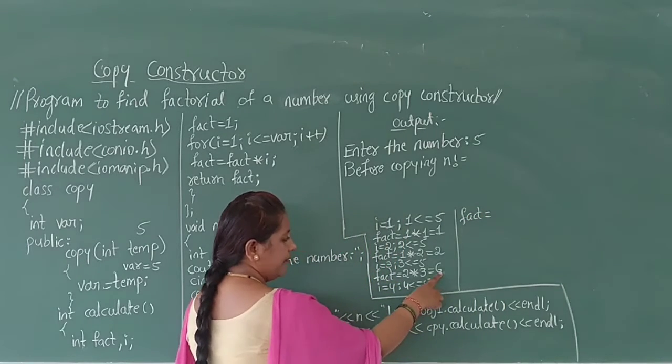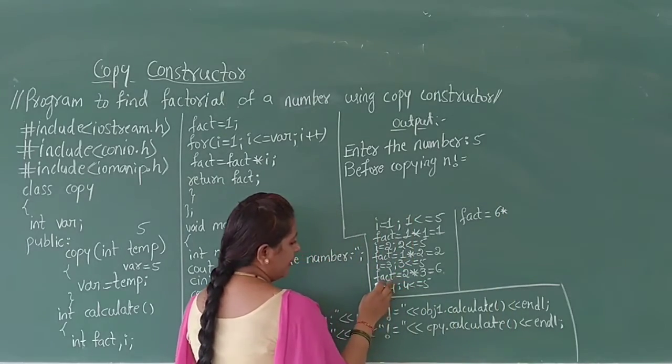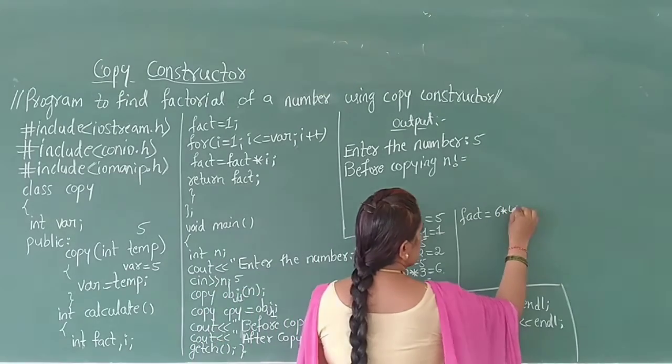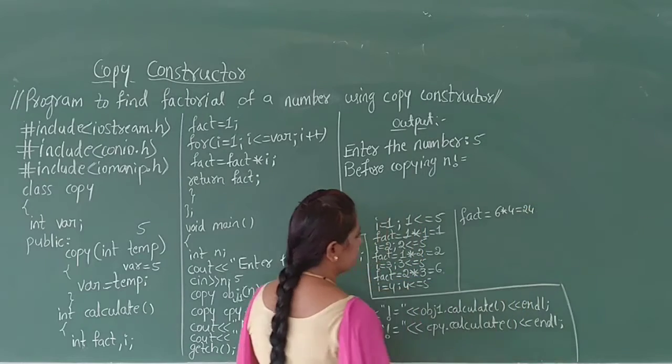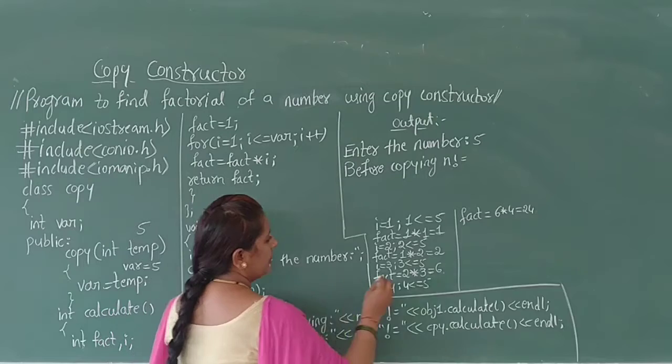Then fact is 6 into I, the I value is 4. 6 4s are 24. Next, again I value is incremented by 1.